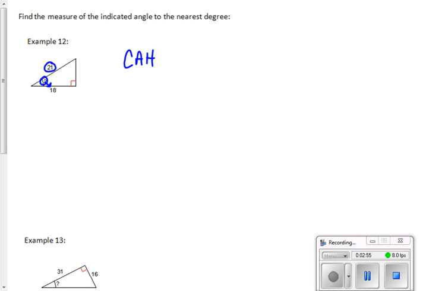So we'll have cosine -1, and then input the fraction, adjacent over hypotenuse. Hit equals on our calculator, and we will round to the nearest degree, which would be 31 degrees. That would be the measure of that acute angle.